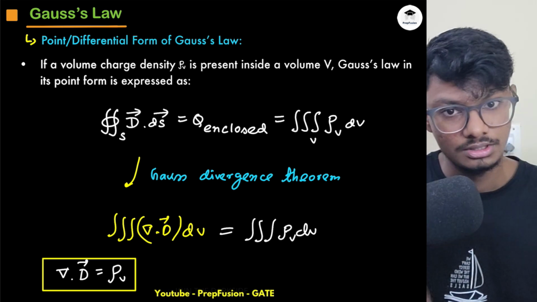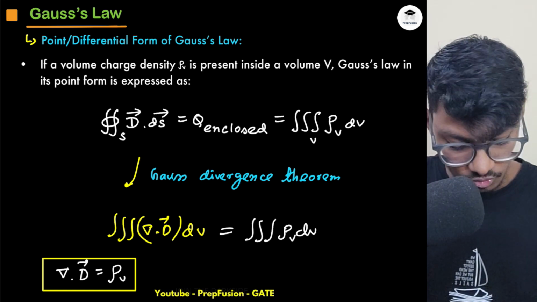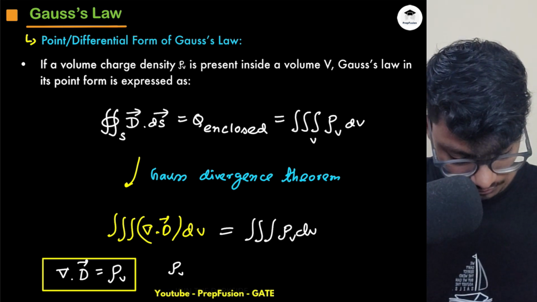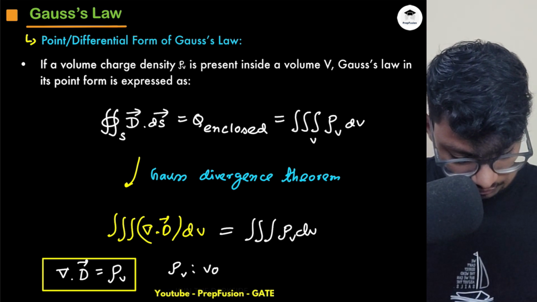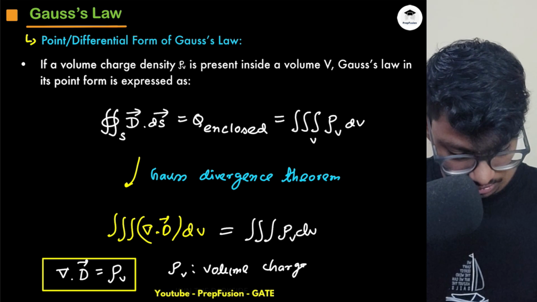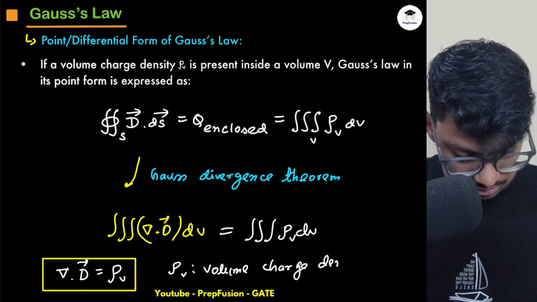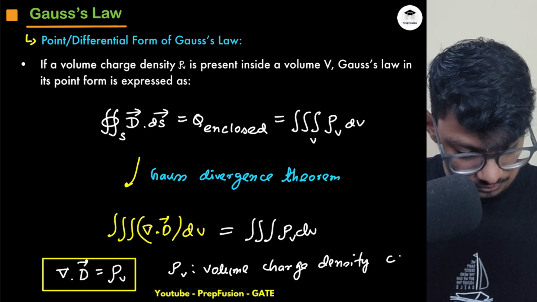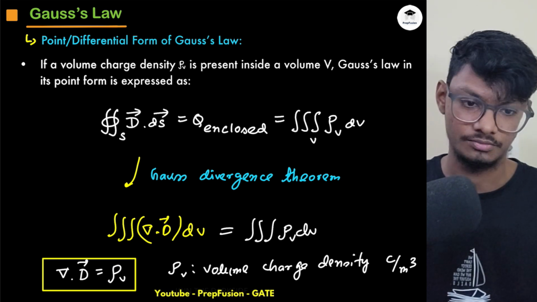Okay, D is the electric flux density, and rho v is the volume charge density in coulomb per meter cube. So that's the unit.